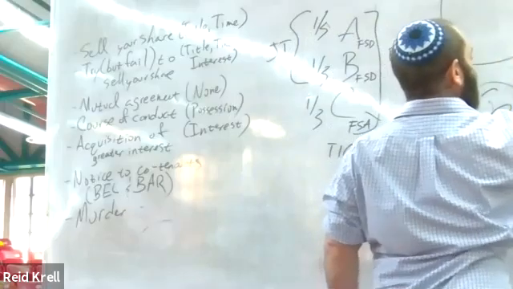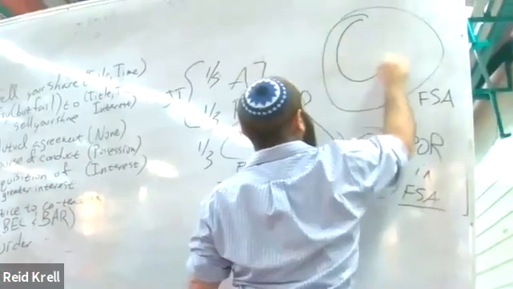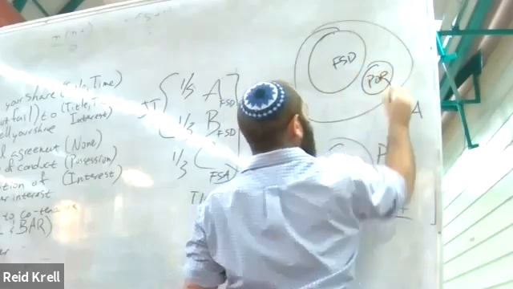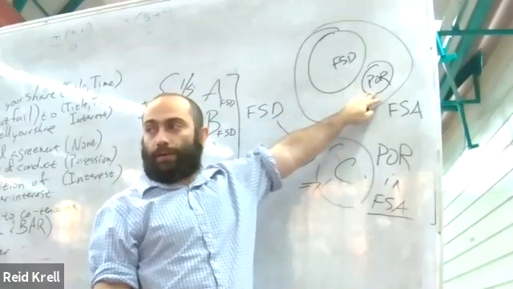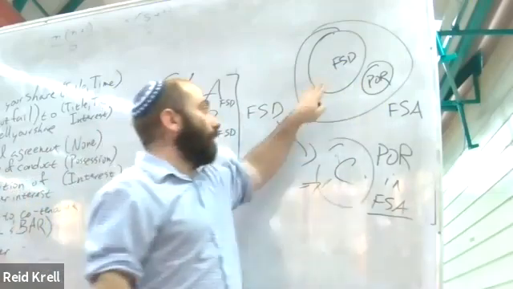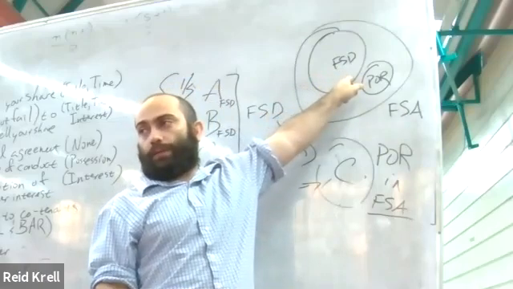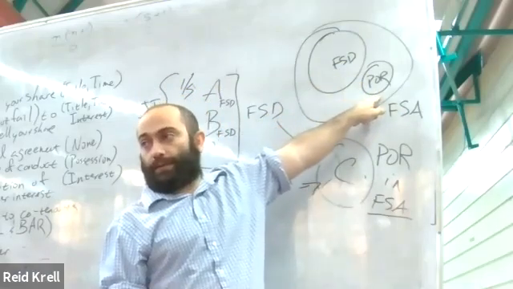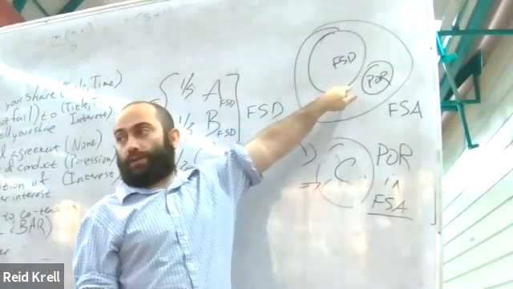This is the complete set of interests that is a fee simple absolute, and inside it is a fee simple determinable and a possibility of reverter. Where both are owned by the same person, we don't distinguish between them. We just call it a fee simple absolute, but they still own the fee simple determinable. So there's still only one possessory and one future interest. It's just that with regard to one of the co-owners, they've merged.